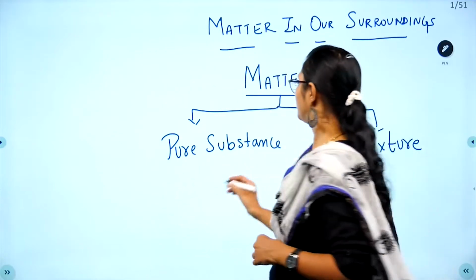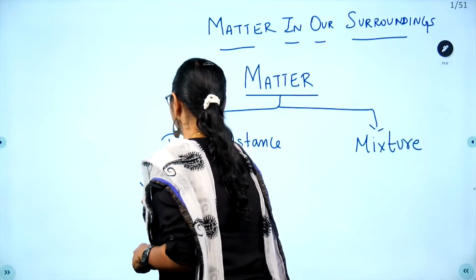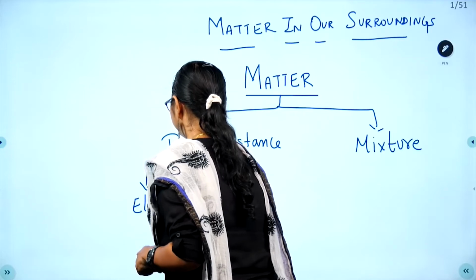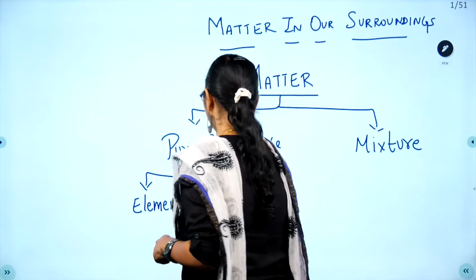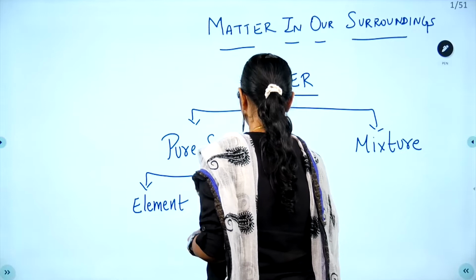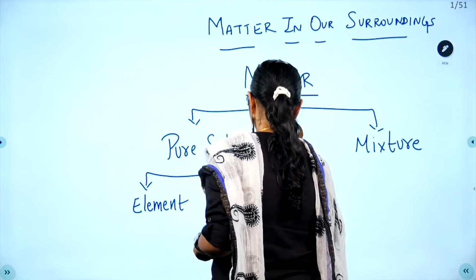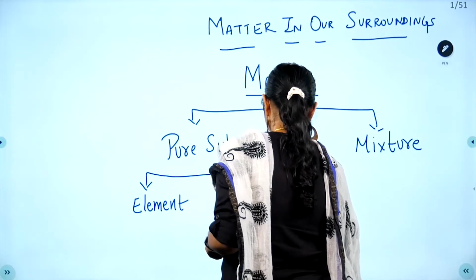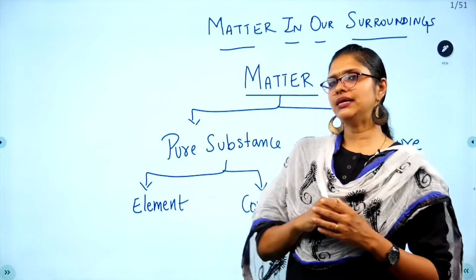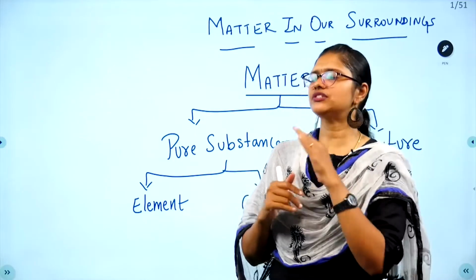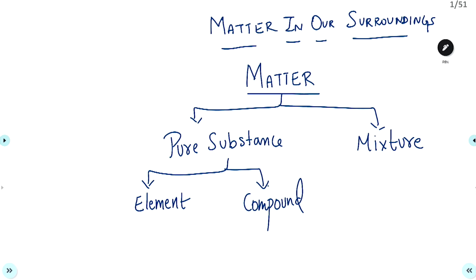So pure substance is classified into element and compound. Element is the substance which is made up of only one kind of atoms, only one type of atoms.